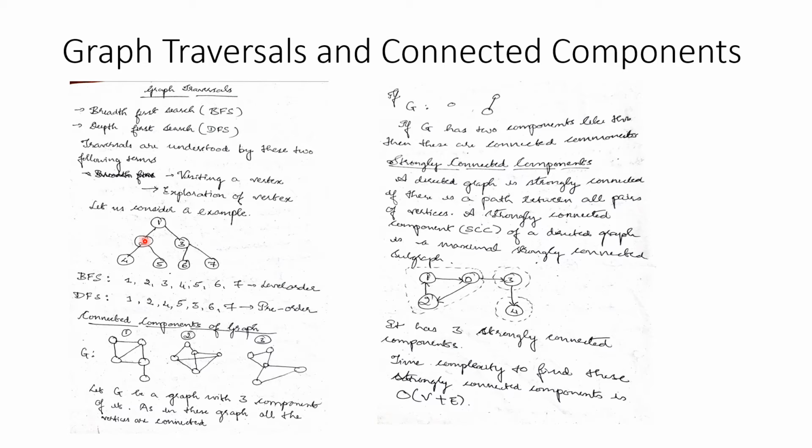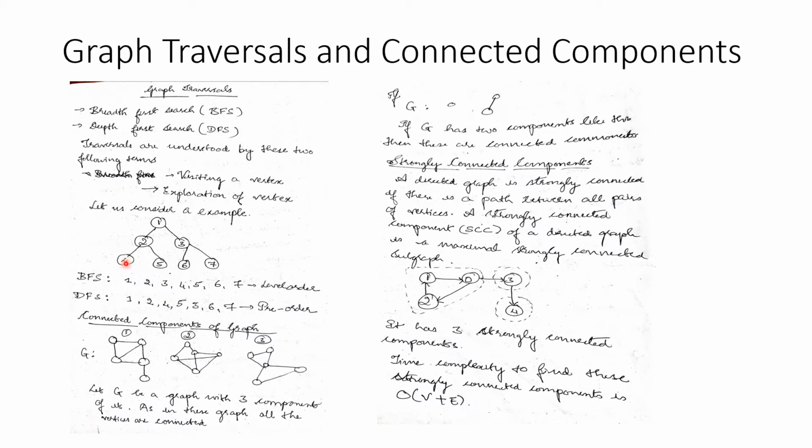So when I visit this vertex 2, what is the next option I have? Since it is a depth first search, I have to check which are the other vertices that are connected to this. So which are the other vertices that are connected to 2 now? 4 and 5. So once I visit this, I have to explore the next vertex.